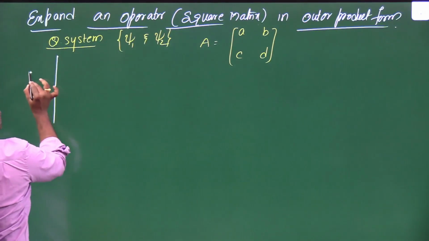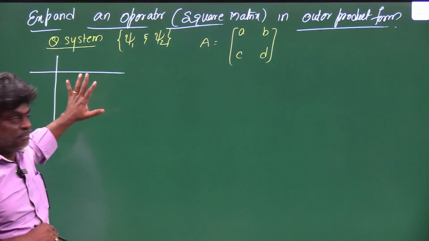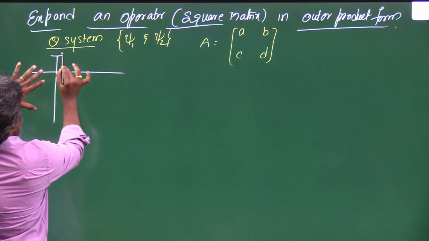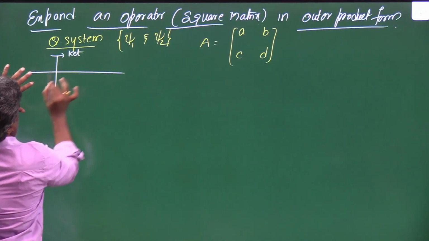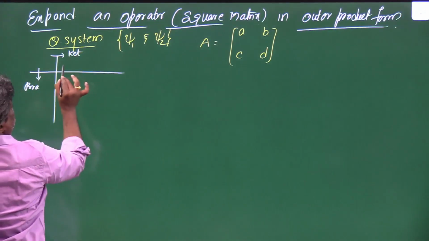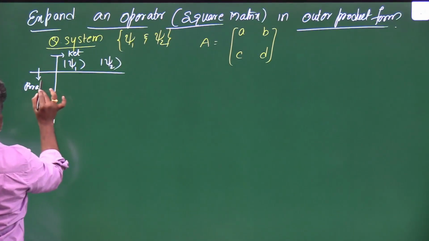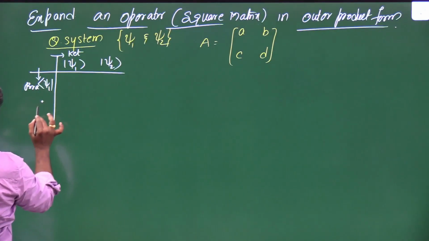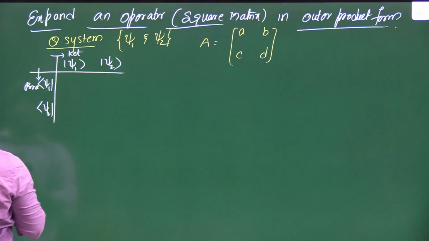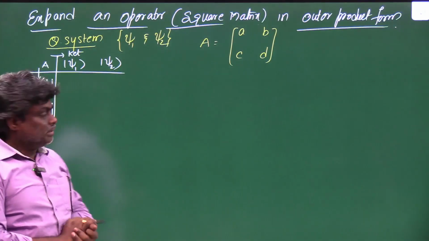Now take this matrix. Actually this is the matrix representation. Here always we have to write the ket vectors, and here we have to write the bra vectors. What are the bases? Ket psi1, ket psi2, bra psi1, bra psi2, and here take the operator whatever you are taking. Clear? Right.